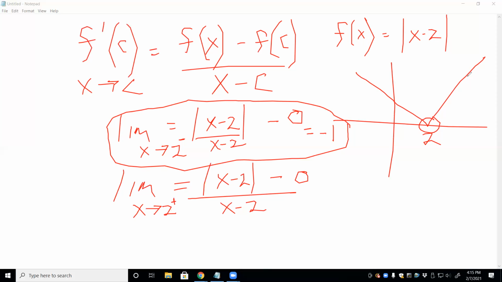And we can see that if we're approaching 2 from the right, the slope is positive 1. Since the limit from the left is not the same as the limit from the right, the limit does not exist at the point 2. And if the limit doesn't exist there, it's not differentiable.